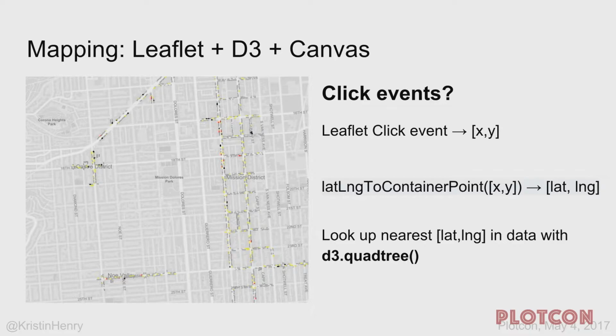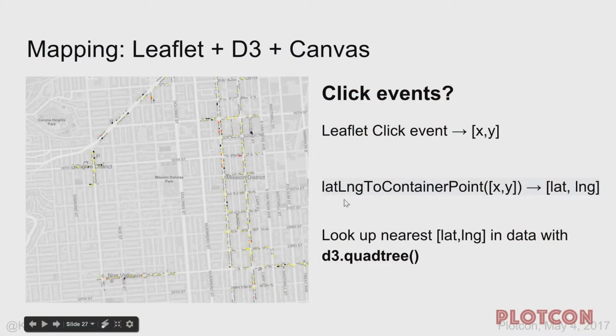I get the location of the mouse on the screen and plug that into the function for getting, this is not the same, I put the wrong function up here. There's an inverse function for getting the lat long. Then I've got all of my points sorted in a quadtree, so it's n log n time to find which data element matches that point on the screen.